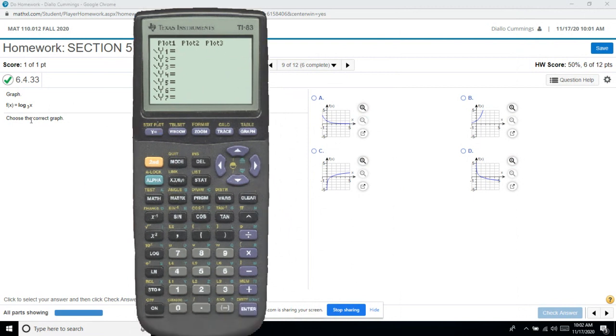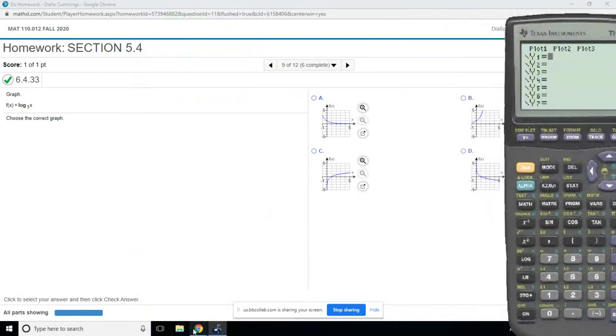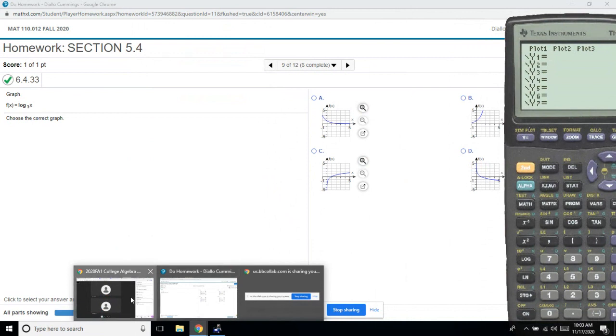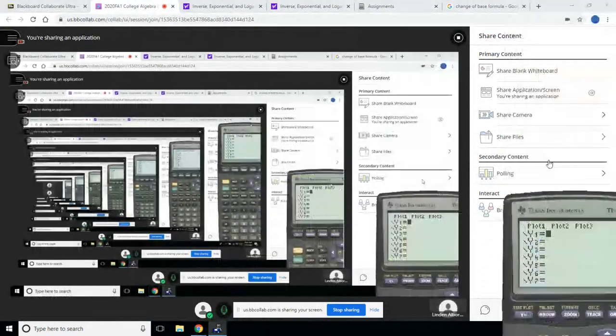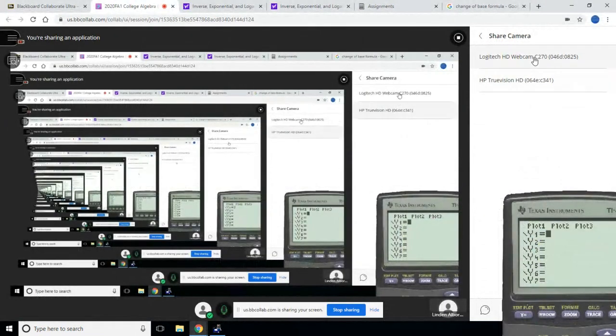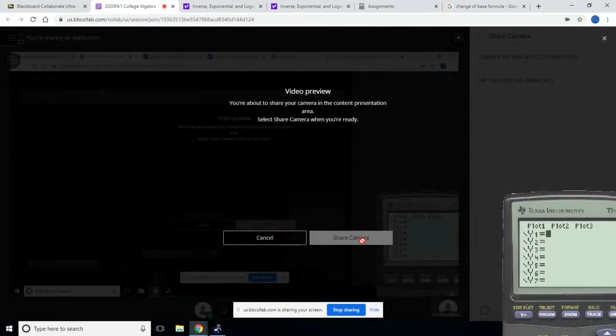So how would I use the calculator to graph this base 3? Well, in order to graph it, we will use the change of base formula. So I'm going to switch back to the document camera.